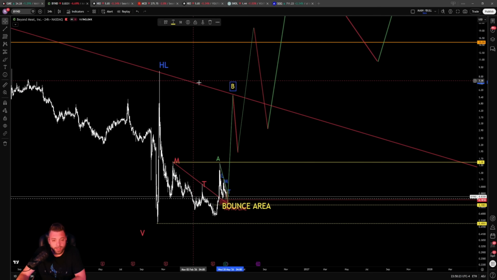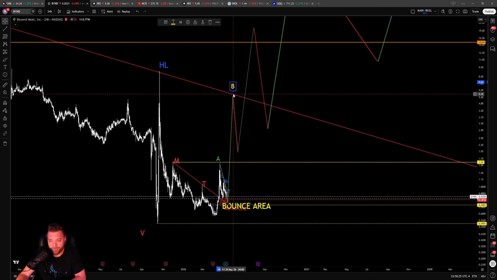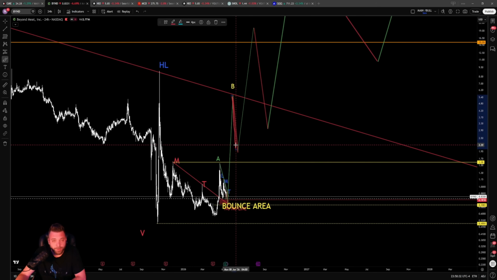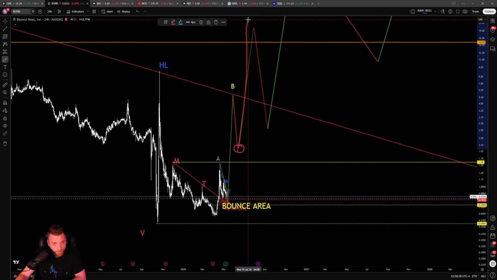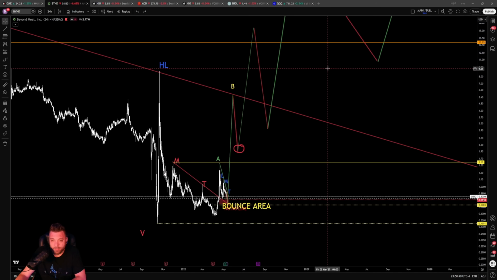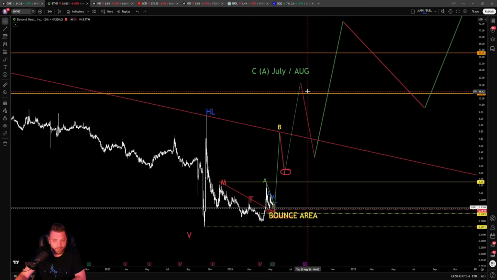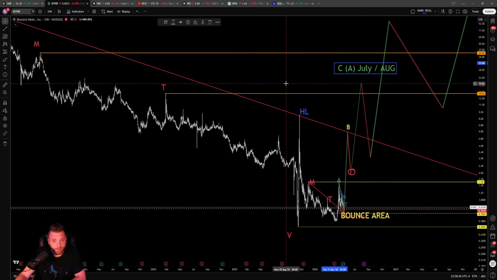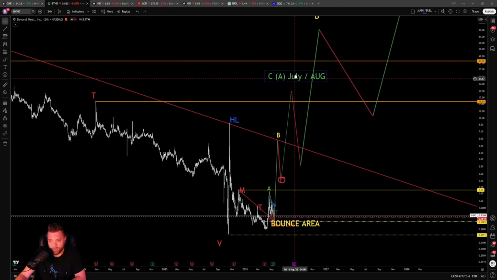Little b most likely will be something around $76-ish. Then again, you're doing the 0.5 pullback from our A low here. Then, when this is finished, you can again do something stupid. If not, you will just go to your C, which is our big A, which is something between 15 and 43.